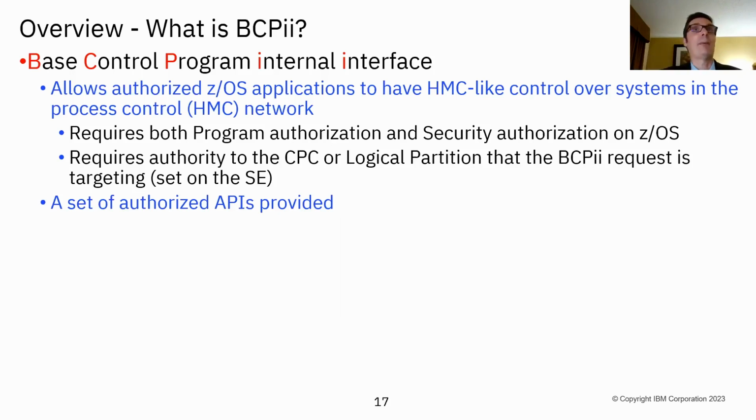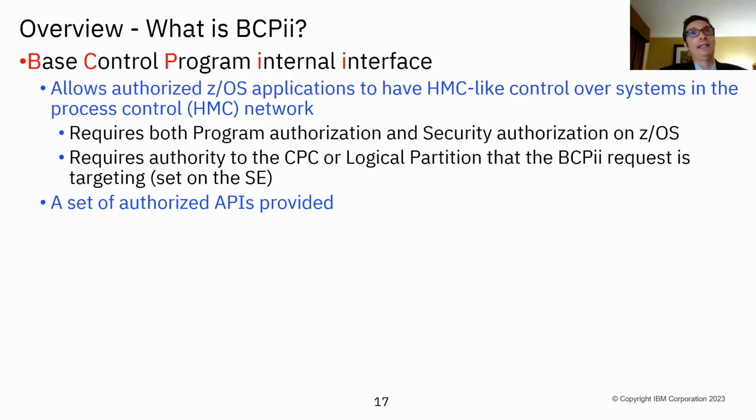If I provide the proper authority, both on the HMC, on the individual support elements, and in BCPii, I can actually affect change on any or all of those systems with my zOS application running on just one of those systems. In order to do that, I'm going to need program authorization and security authorization on zOS, as well as authority set on the support element that gives me the right to control those from my particular LPAR where my zOS application is running.